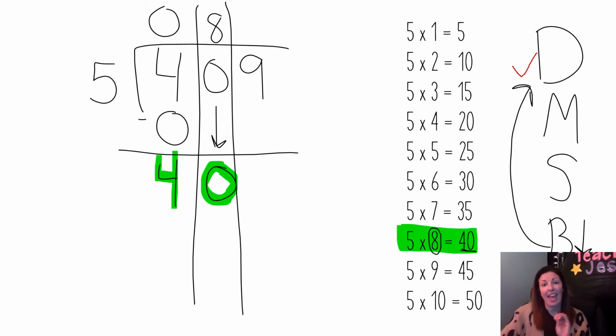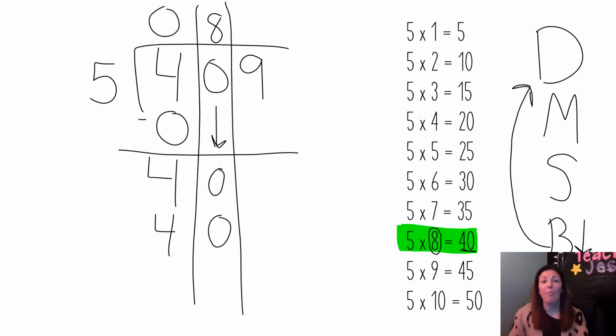I multiply the 8 that I put in each group times my 5 groups, and that gives me a total of 40. I used up all of my tens, which is great. So that means when I subtract my 40 tens that I started out with minus my 40 tens that I used, I'm left with 0.